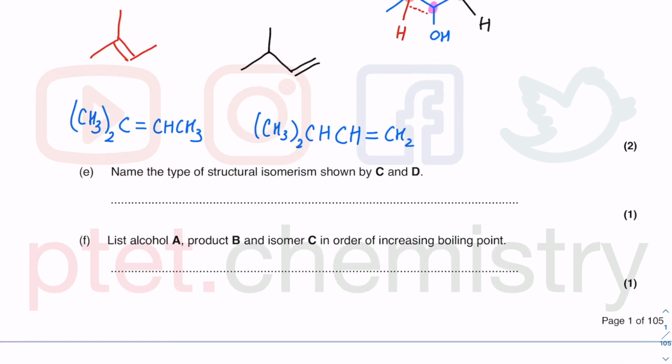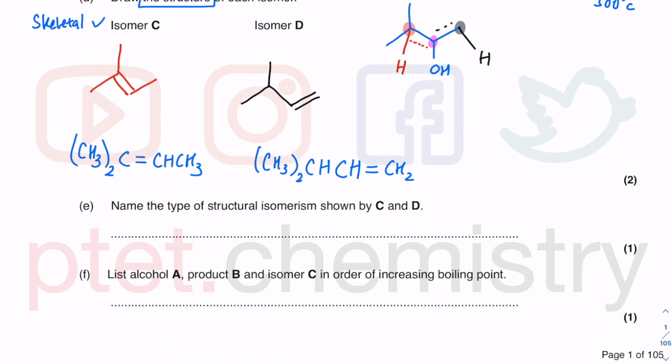Now, what type of structural isomerism is shown by C and D? The positions are changing, because if you look at the naming, this will be 1, 2, 3, 4, because if I go the other way, in blue, let's say 1, 2, 3, 4, my methyl group is at carbon 2, my methyl group at carbon 3. You want the lowest number possible, so you go for the black one actually.